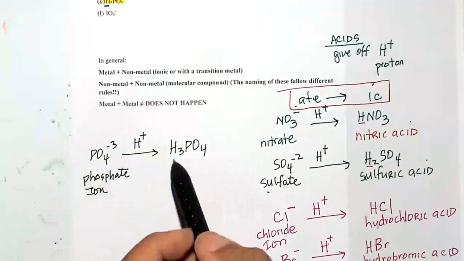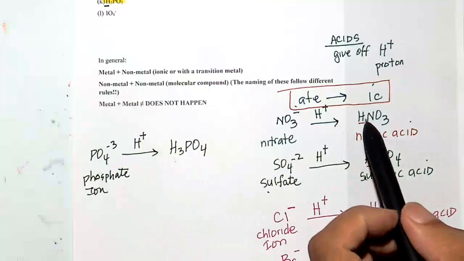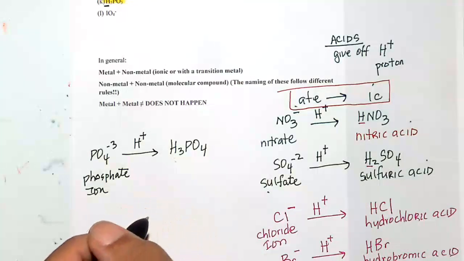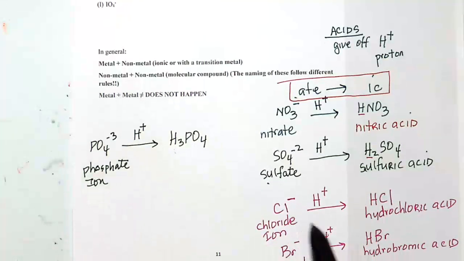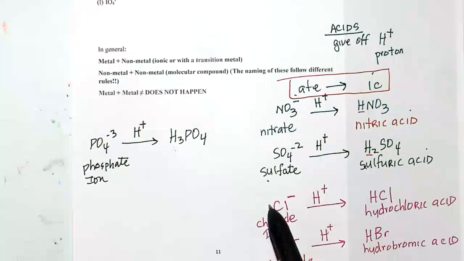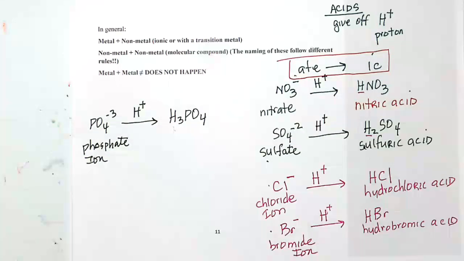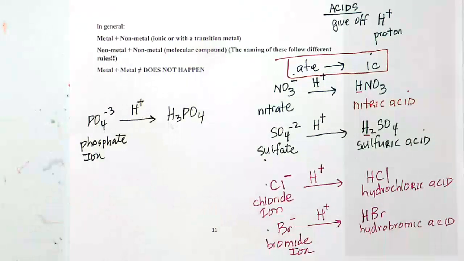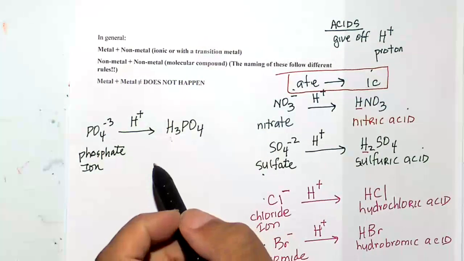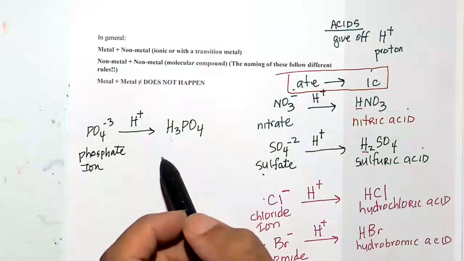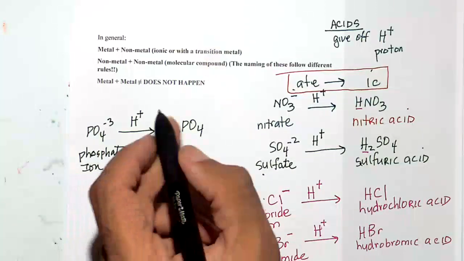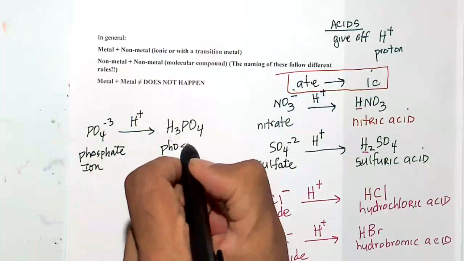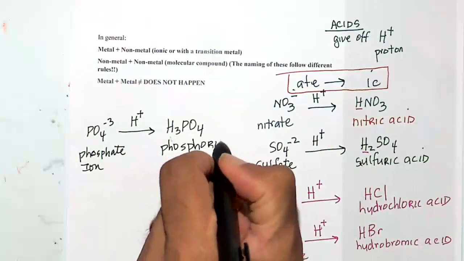What would the name be if ate becomes ic? There's no hydro; that's only for the halogens. So this would be phosphoric acid. At least that's how I learned it. Phosphate becomes phosphoric acid.